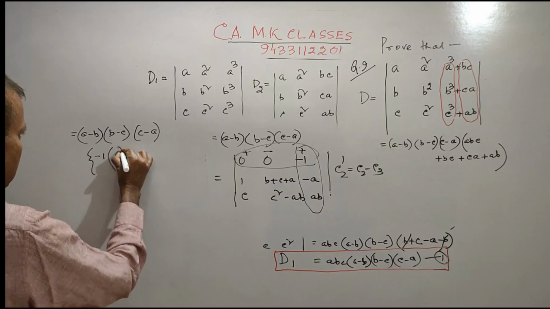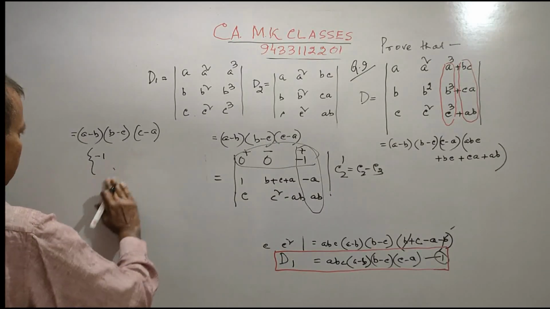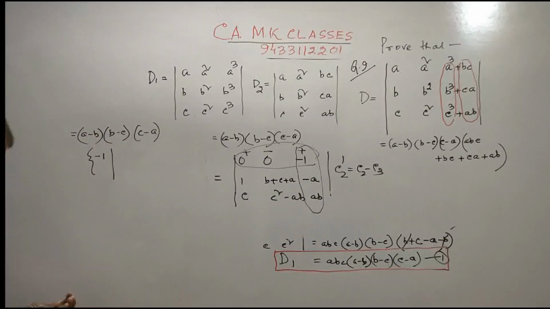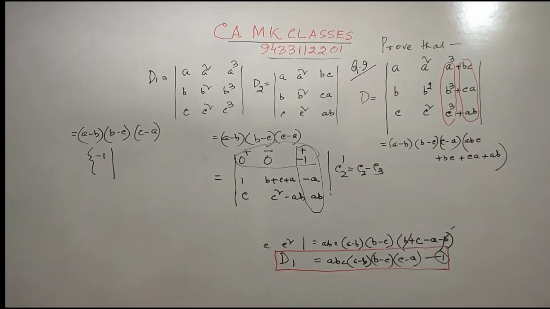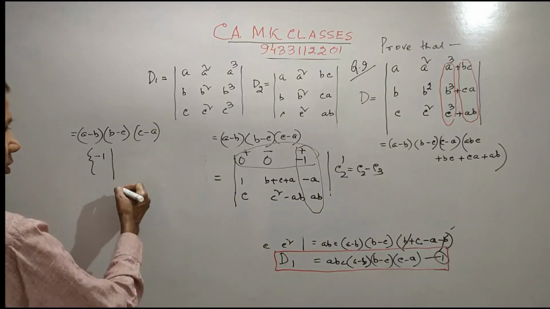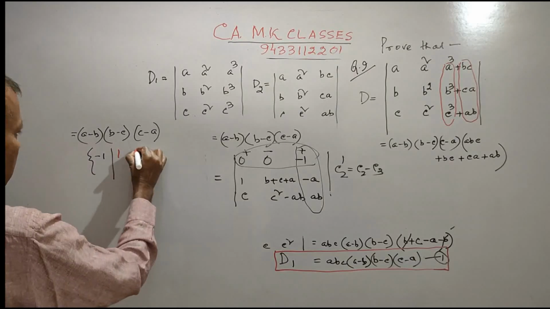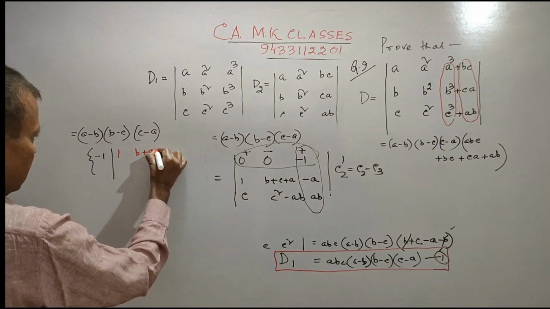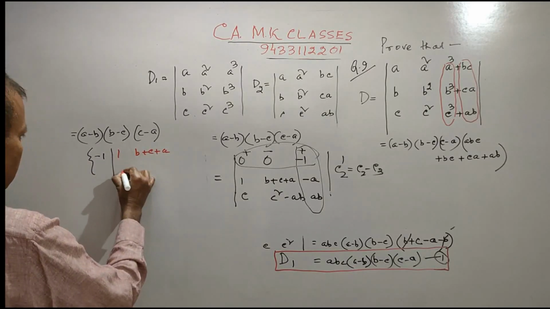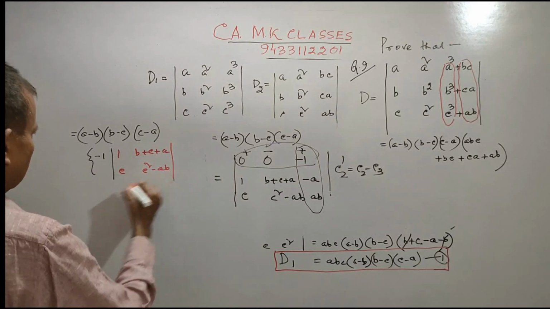Let me write in full: 1, b plus c plus a, c square minus ab.